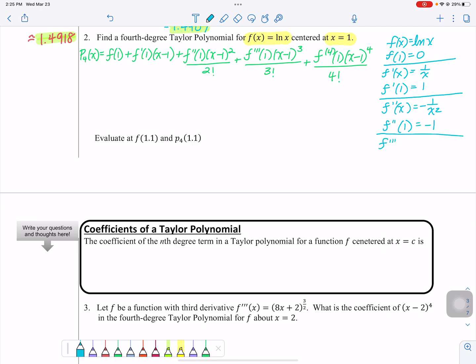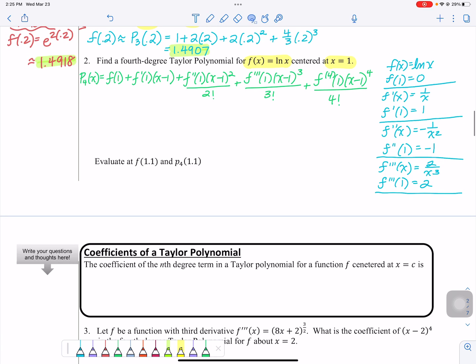F triple prime of x equals a positive 2 over x cubed, and f triple prime of 1 is 2. And one more.